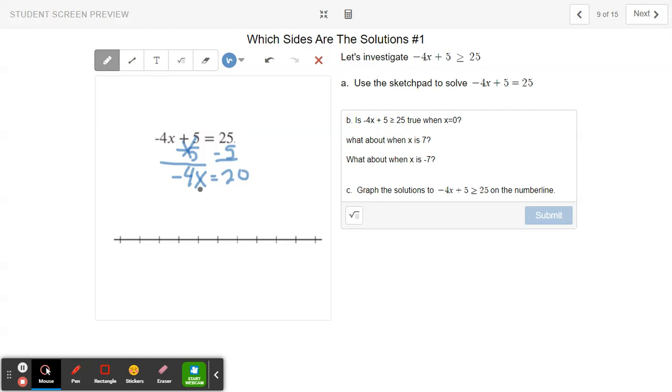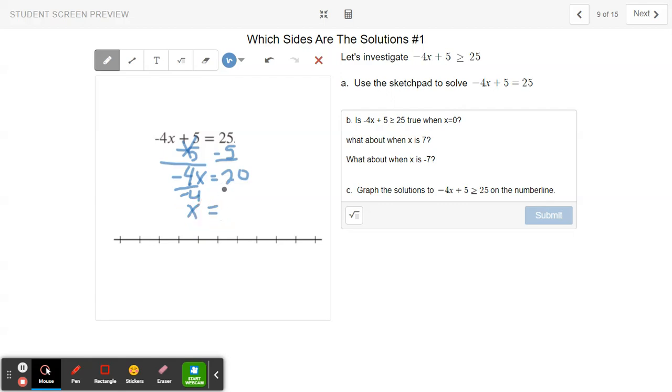So now, in order for this to be true, negative 4 times x equals 20, right? And basically what I did there is we divided both sides by negative 4, because negative 4x divided by negative 4 gives us just the x.